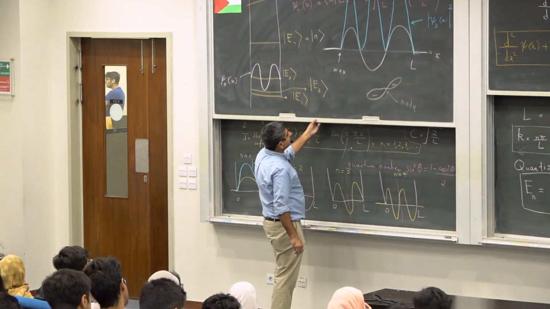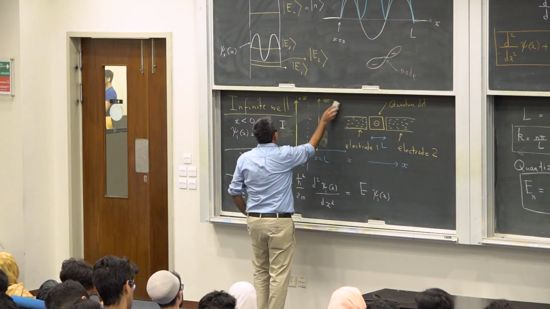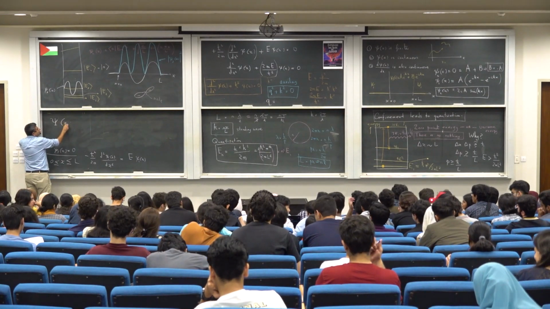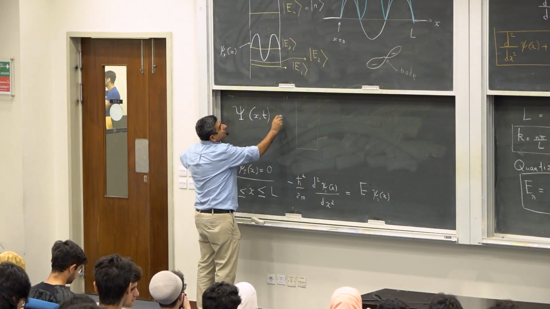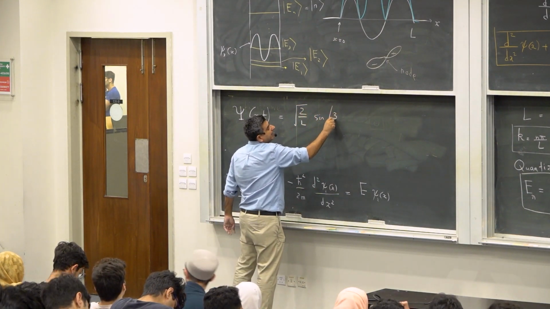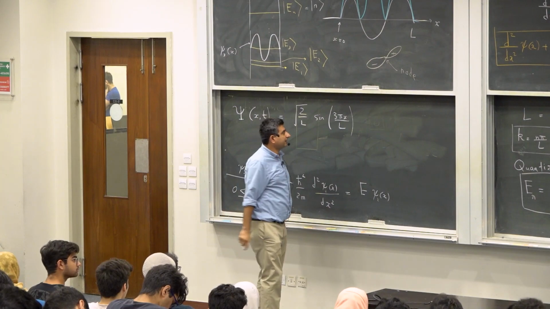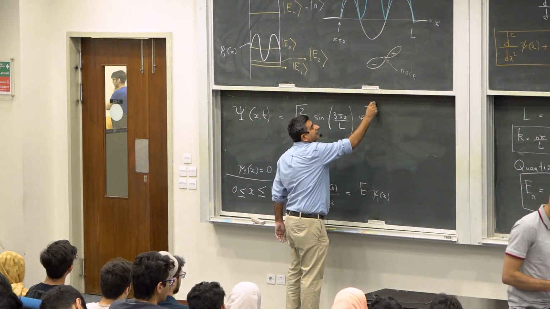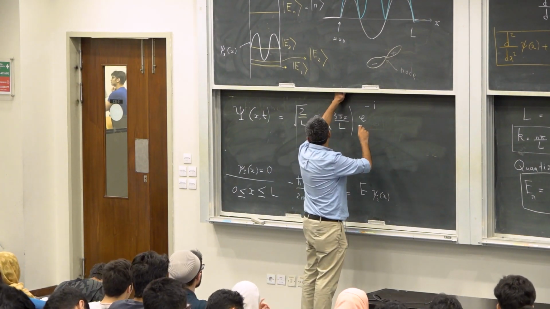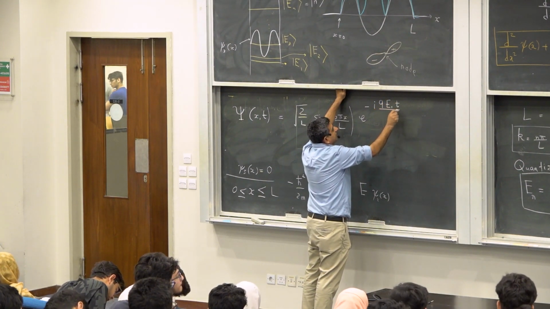So if I were to look at the change in time, just one last bit: psi of x at t is this wave function, 2 over L sine of 3 pi x over L. Now comes your question about the time dependence. e to the minus i, the energy of this system, which is E3, which is 9 E1, t over h bar.